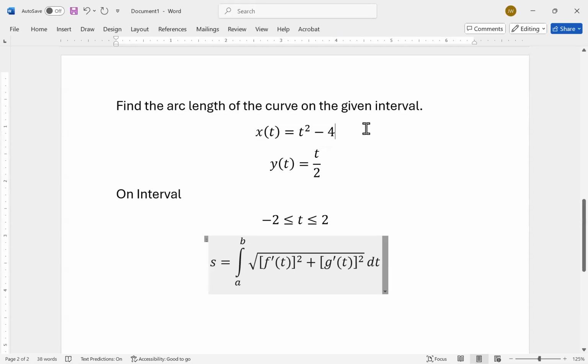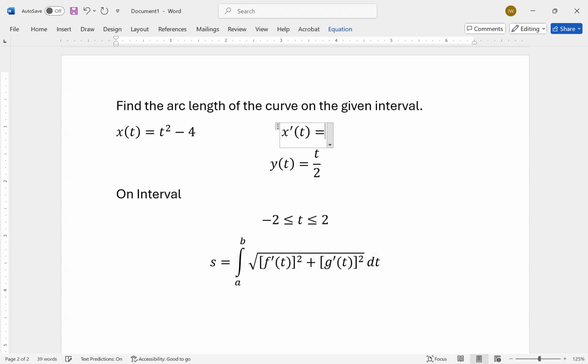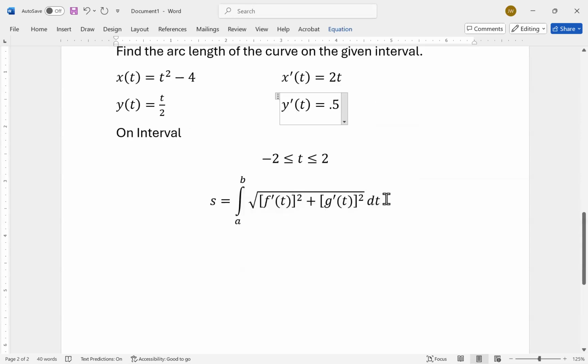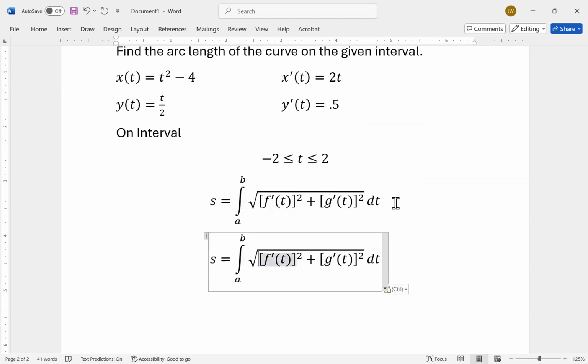In this instance, we have to take the derivatives. x prime of t is actually 2t. And then y prime of t, the derivative of y with respect to t, is just 1/2 or 0.5. So the arc length formula is going to become an integration from -2 to +2.